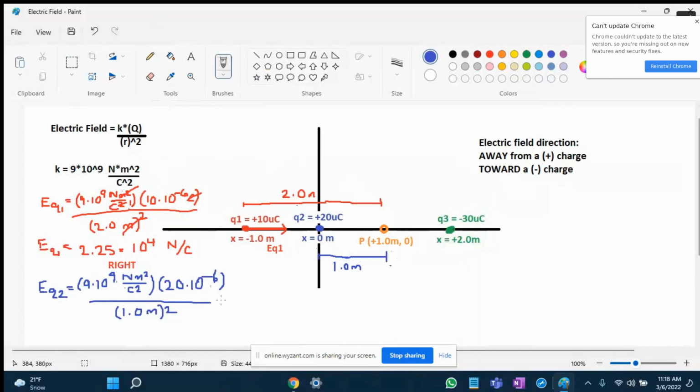So when you plug this into the calculator, we get 1.8 times 10 to the 5 newtons per coulomb.